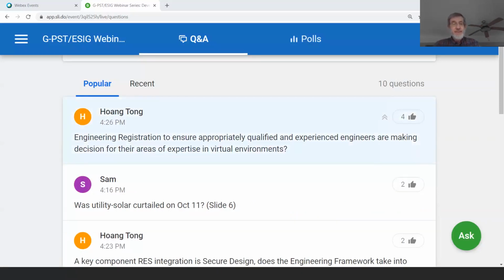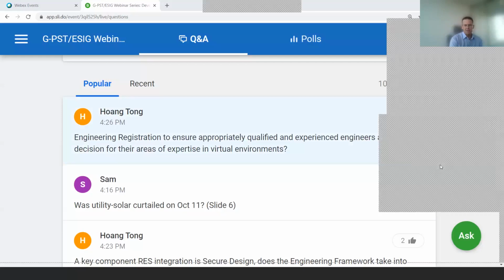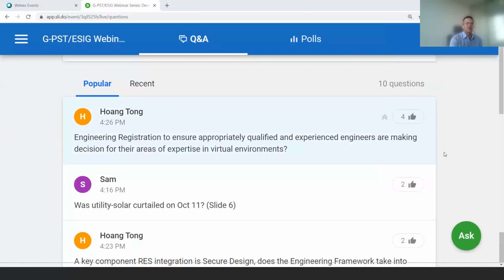I'm assuming that engineering registration is about achieving chartered and registered status. We've always had a requirement, certainly in Queensland, for some time to have a registered status, particularly for engineers that are involved in signing off on construction and so forth. Victoria has also introduced legislation to make it mandatory to recognise the need for professional and registered engineers. And I would foresee that other states will follow, so that you are creating a level of understanding that can be recognised in capability.